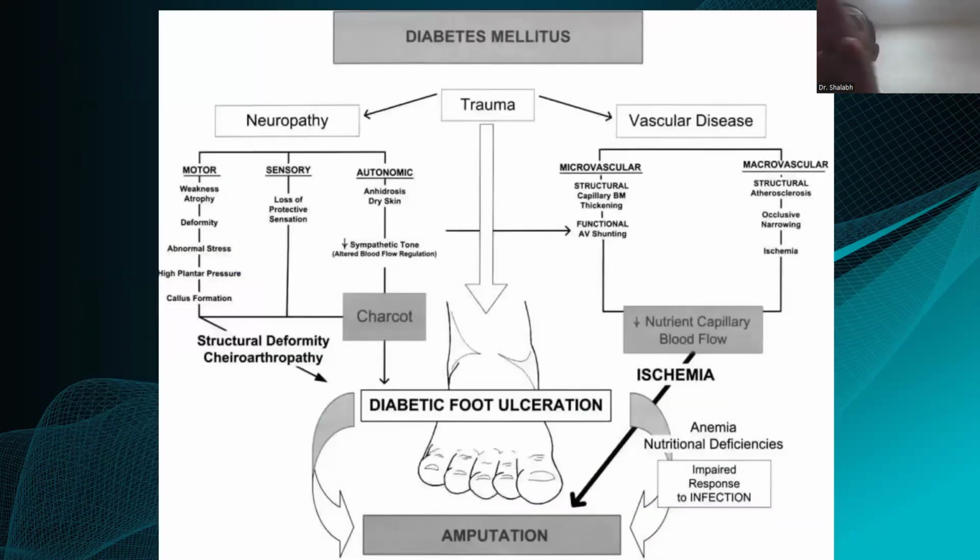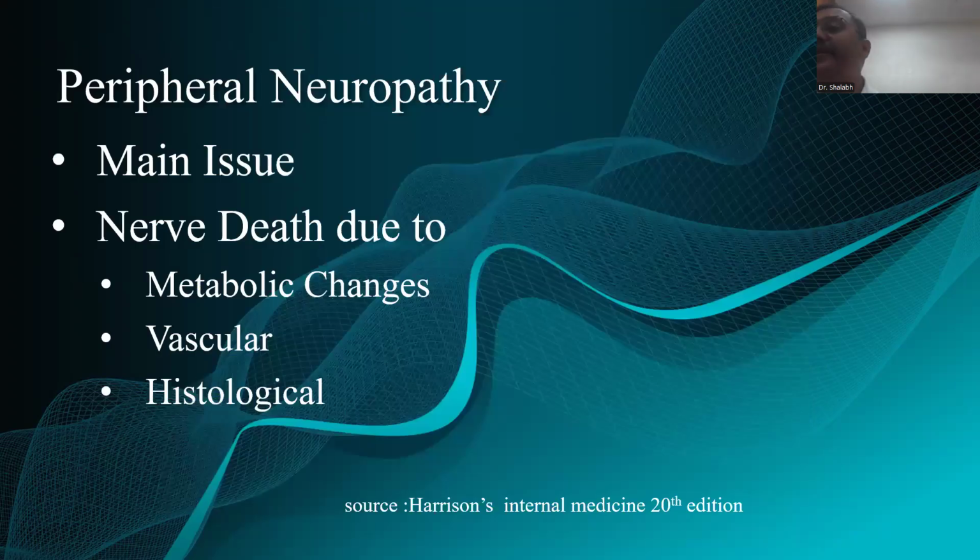This is basically a more detailed chart of how the various factors come into play during the development of the diabetic foot. The peripheral neuropathy, that's the main issue. And this is caused by the nerve death of the small and finer nerves within the foot. There are metabolic changes which are happening in the body because of uncontrolled diabetes and vascular compromise.